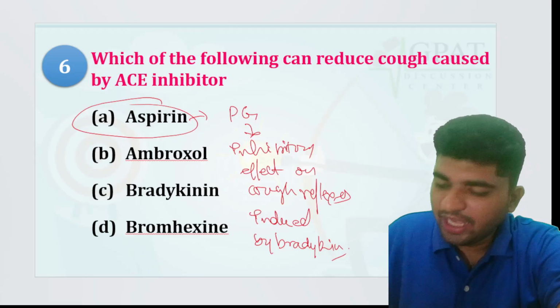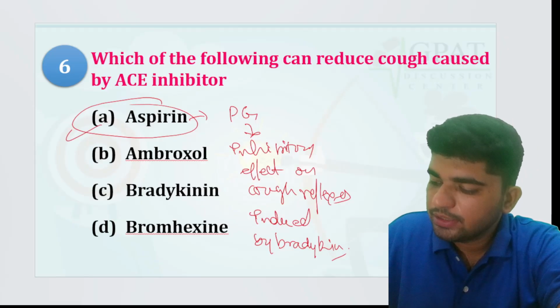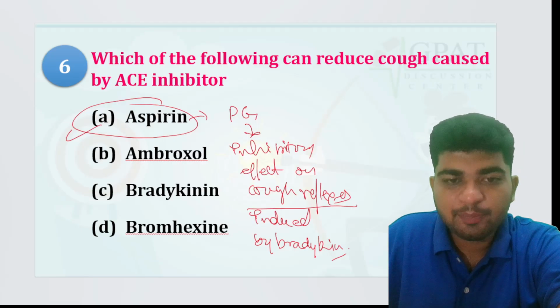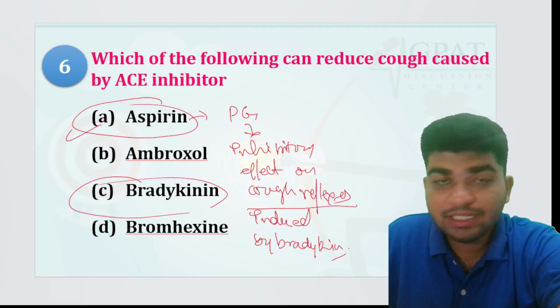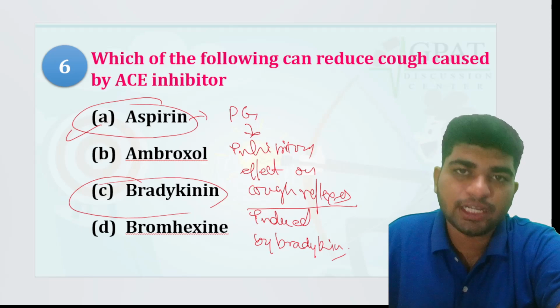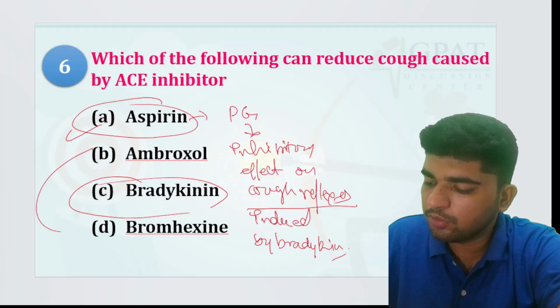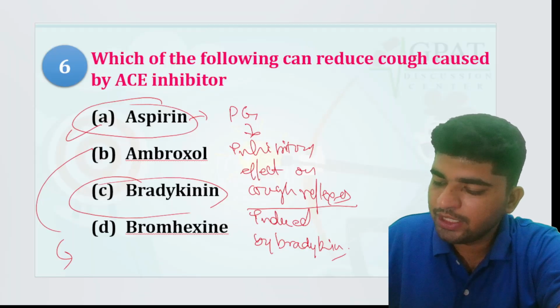So aspirin has an effect only on the cough reflexes induced by bradykinin. Here bradykinin is not treating the dry cough, it is exaggerating the dry cough induced by the ACE inhibitor. Ambroxol and bromhexine are mucolytic in nature.